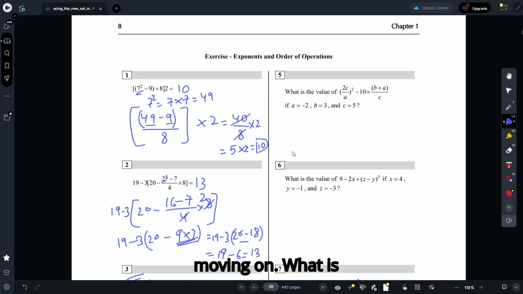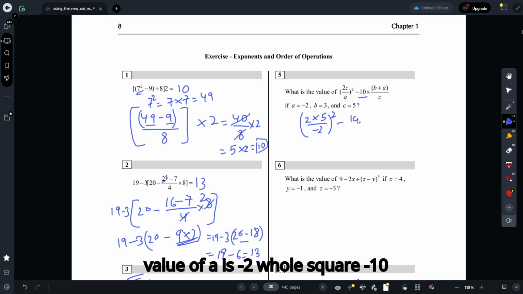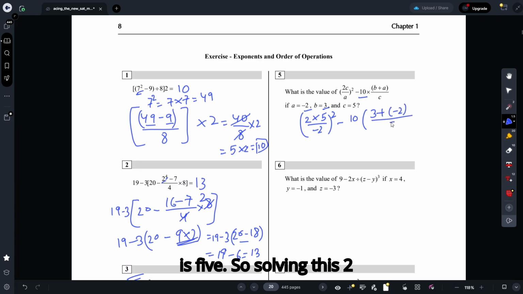Now, moving on. What is the value of 2c by a whole square minus 10 into a b plus a by c? Now, 2 into c, the value of c is 5, upon value of a is minus 2, whole square, minus 10 into b plus a, that will be 3 minus 2, upon c is 5.